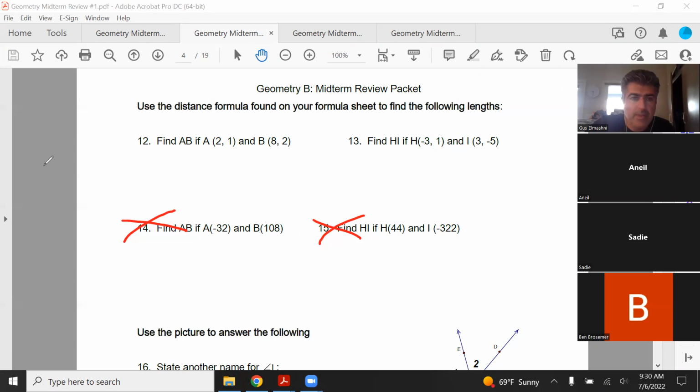I'll do 12. And what I like to do is just plot the points. Here's 2, 1. Here's 8, 2. Let's connect these bad boys.